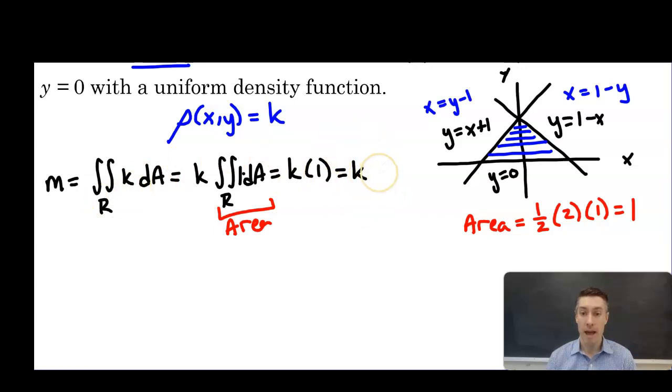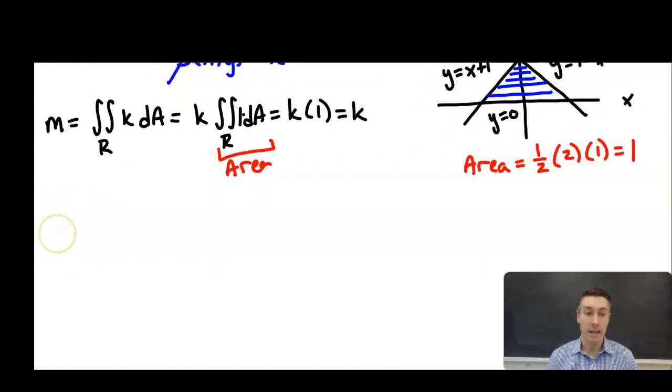Okay, so now that we have a mass, which unsurprisingly is k, since the density at every point is the same, let's talk about x bar next. I know I'm skipping over one of the moments and going straight to the coordinate of the center of mass, but you'll see why. So x bar is going to be 0. And that's for two reasons, two important reasons, and they both have to be true.